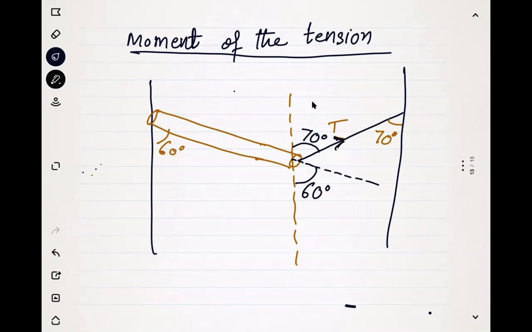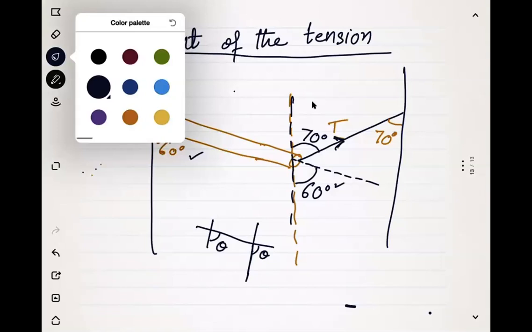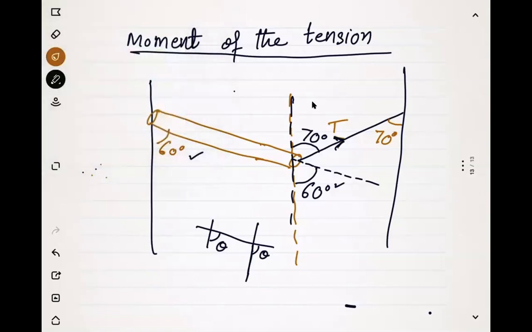So the angle above is 70 and this angle is 60 degrees. The reason being, if you have two parallel lines, then these angles become equal. For example, if this angle is theta, then this angle will also be theta. So the angle of the tension with the line of the rod will become 60 plus 70, which is 130. Now it is 50. I hope you understand how we get this 50.